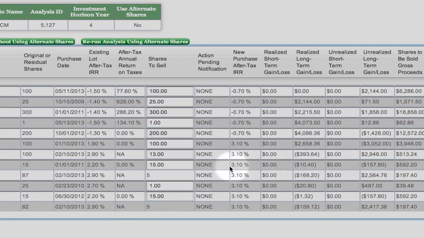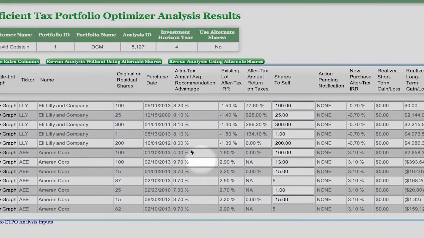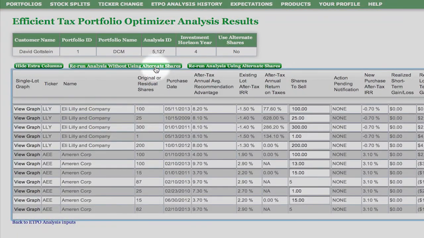Another item to see is that because we have created the opportunity to change a tax lot sale designation from a results page and rerun an analysis, we only allow for an output cell to also be an input cell the first time a tax lot is included in the optimization ranking. Down below, when you see an output for shares to sell that is display only, it indicates that one or more shares of the same tax lot has been ranked higher in the optimization tax lot selling sequence.